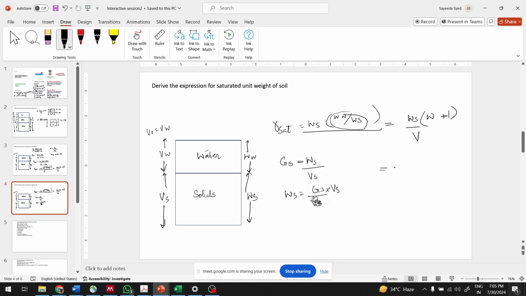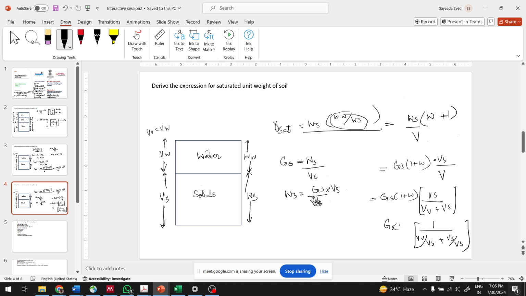So let's replace here. This will be Gs 1 plus W over Vs over V. Okay, this is equivalent to Gs 1 plus W, Vs over Vv plus Vs. And if we divide the numerator and denominator by Vs, we will get 1 by Vv by Vs plus Vs by Vs. This is Gs 1 plus W. And Vv by Vs is the void ratio and Vs by Vs will be 1.